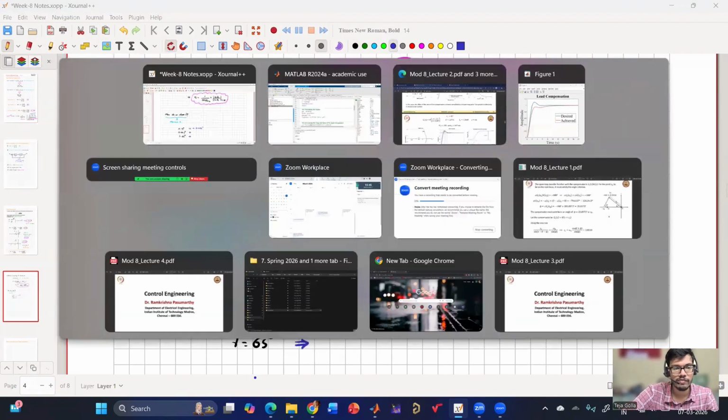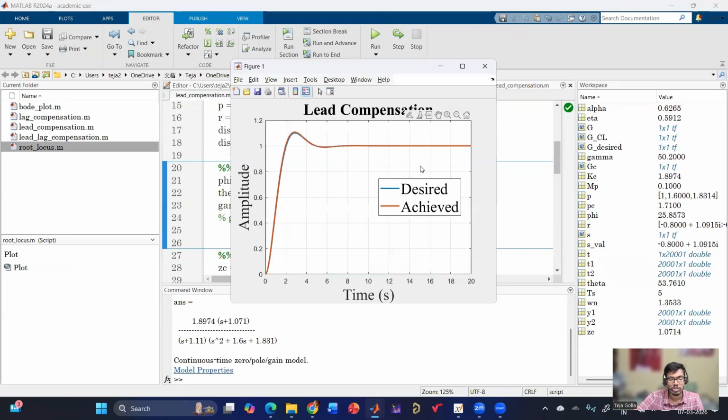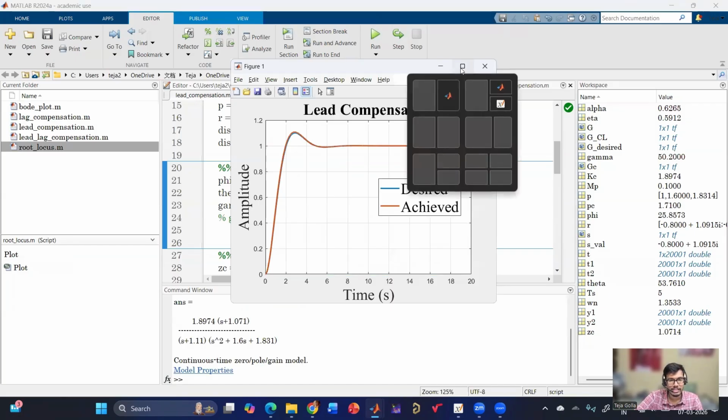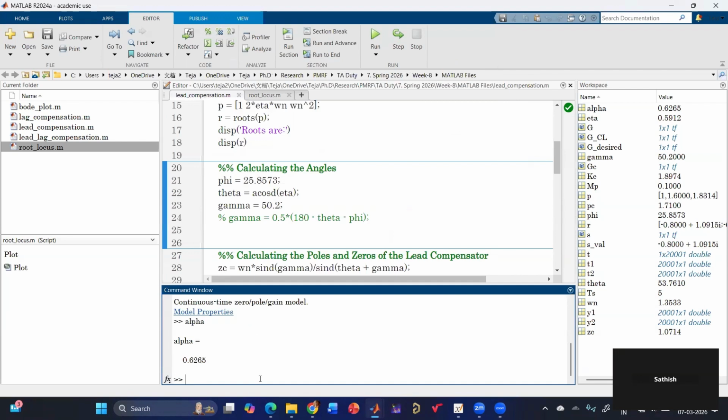Now we'll see how much alpha is for gamma 50.2. Let us run. Yes, in this case, it is matching, and let us see how much my alpha is.